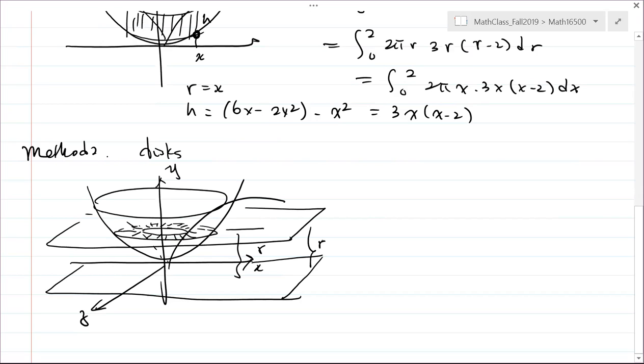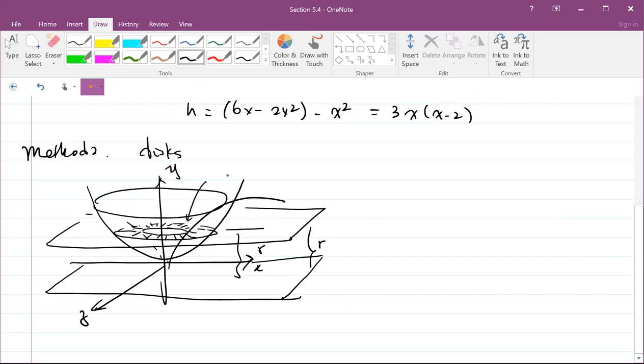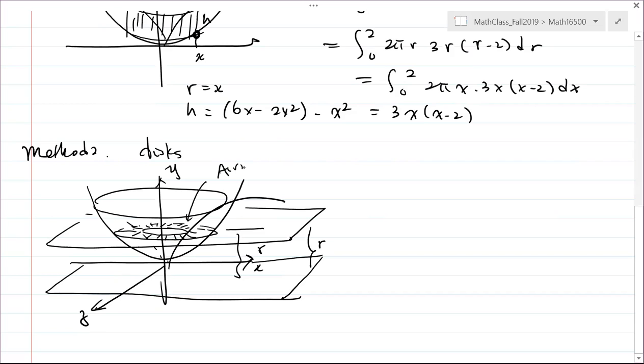Two planes: one is the fixed one, the xz plane, and another one where this x changes. So the cross section is going to be A(r). The volume is going to be the integral of A(r) dr. It's the same formula.